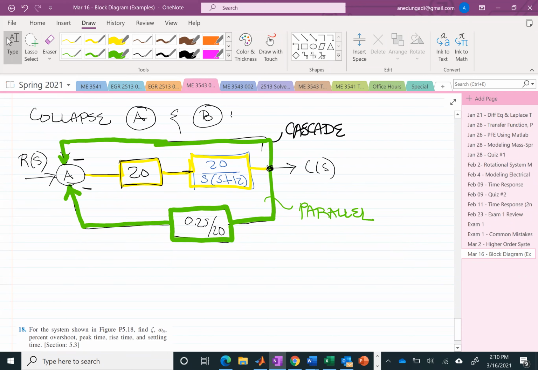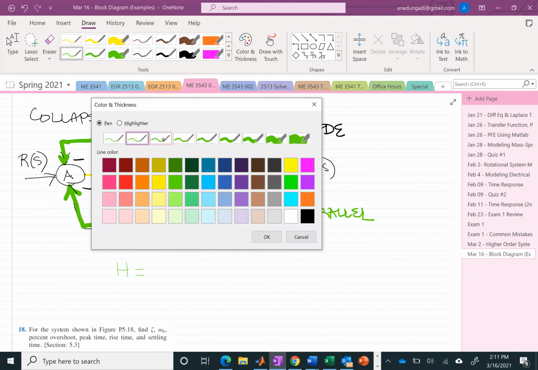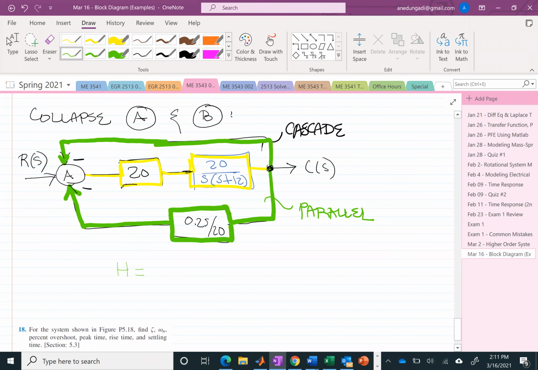So you can combine the parallels to make H. H, the feedback transfer function, is going to be what? 0.2s divided by 20 plus 1.